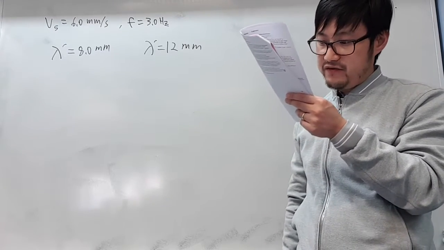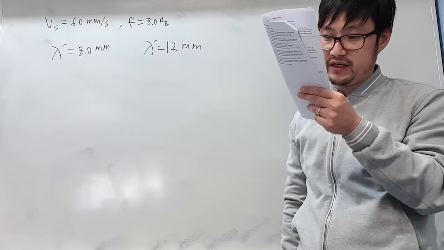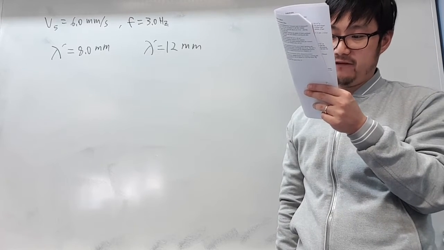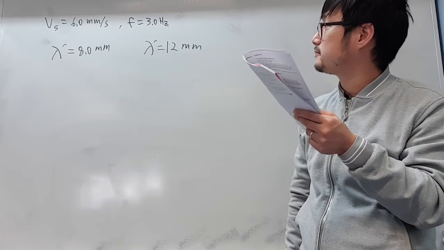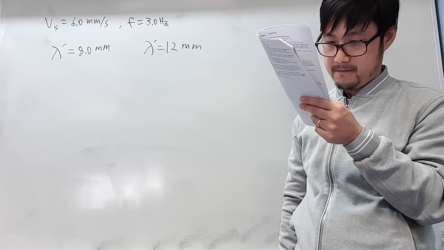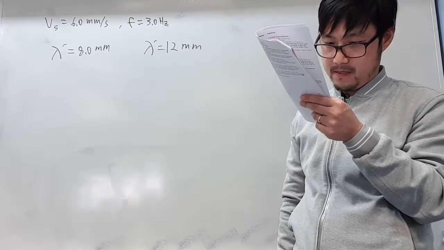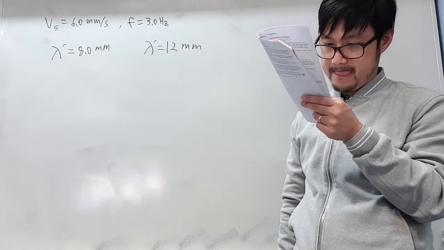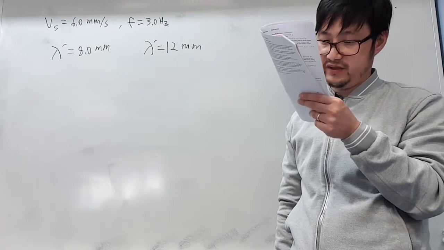Okay, so from the reference point of the beetle, calculate the apparent speed of the wave in front of it. Apparent speed of the wave.